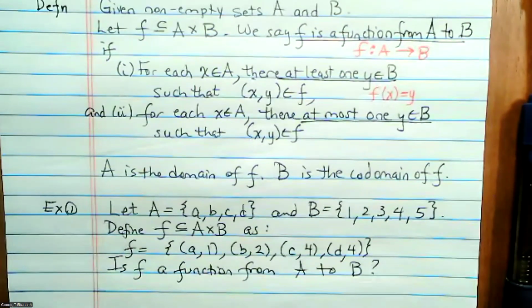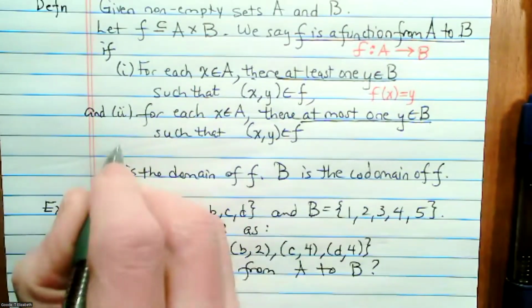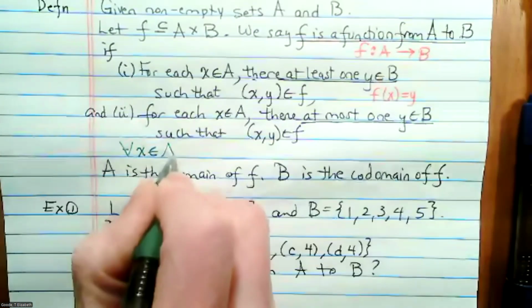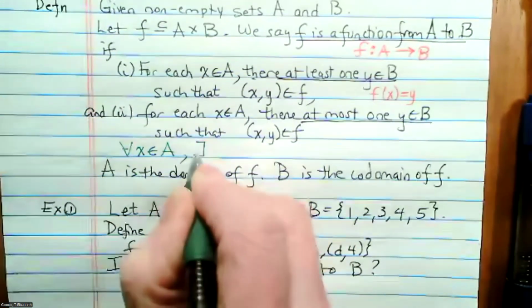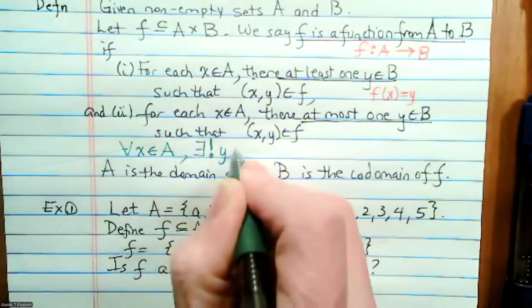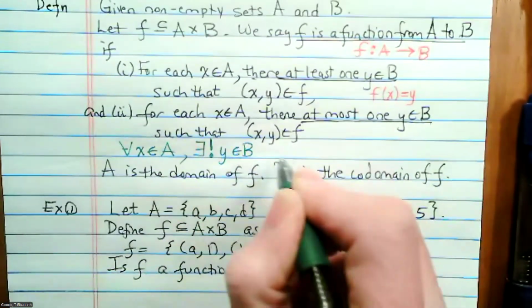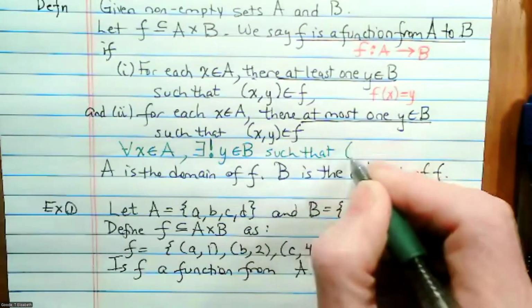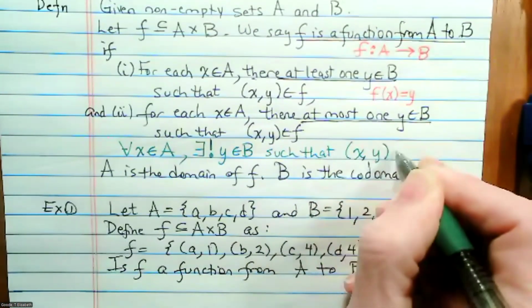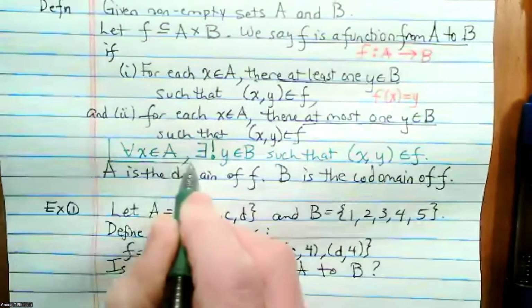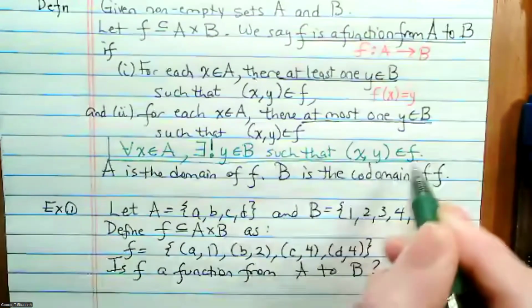So really we're asking, for each X in A, there exists, this is new notation, a unique Y in B such that X comma Y is an element of F. That's kind of a shorthand formal definition.